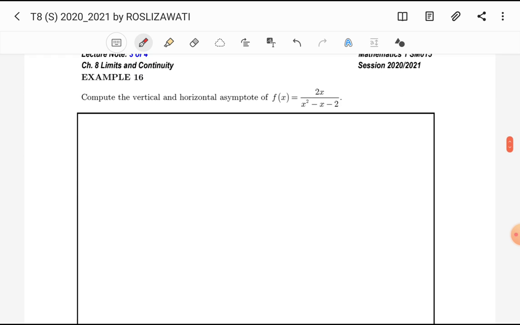Okay, compute the vertical and horizontal asymptote for the given function. Ingat balik masa tajuk function and graph. So, how to find the vertical asymptote? Okay. So, for vertical asymptote, we set denominator equal to 0.